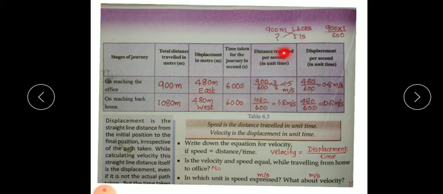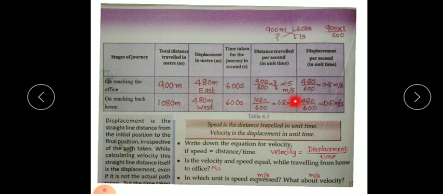And distance traveled per second, we have to find, that is 1080 divided by 600 gives 1.8 meter per second. He traveled 1.8 meters in 1 second, and in 600 seconds he traveled a distance of 1080 meter. And again we have to find the displacement per second. So the displacement is same, 480 meter divided by 600 gives 0.8 meter per second.